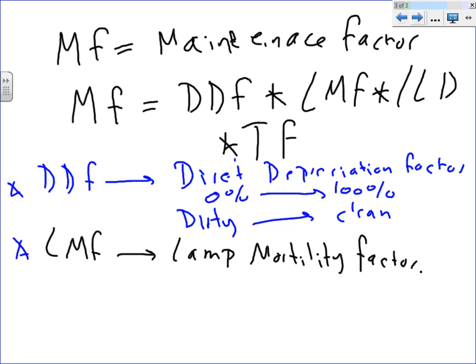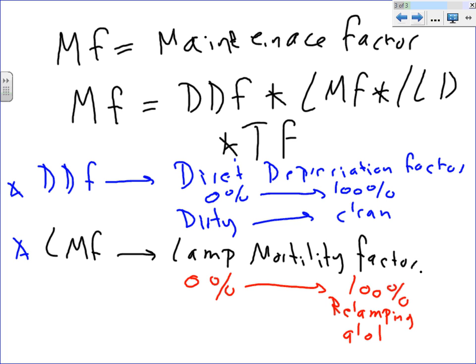Again, this also goes from 0% to 100%. This is relamping a lot. This is no relamping. You just put them there and let them sit there forever. No relamping, so they die more often on you.